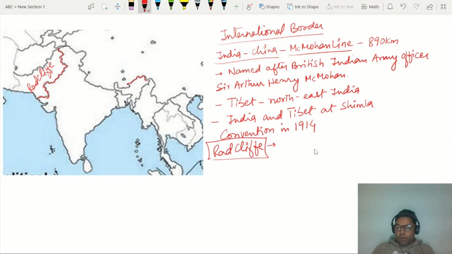So this Radcliffe line is the demarcation between British India and Pakistan, right? Before the partition of India and Pakistan, the British divided British India and Pakistan.